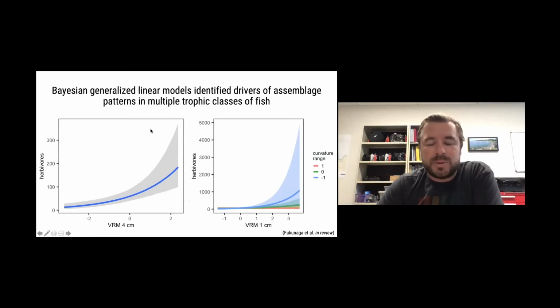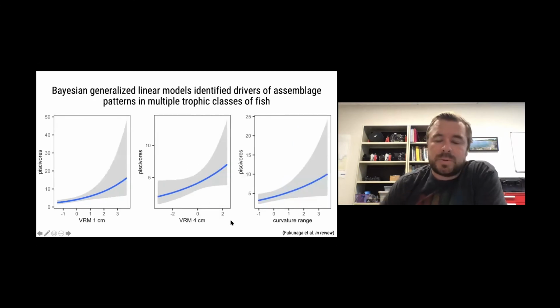Here, herbivores respond to vector ruggedness at a more coarse resolution of 4 centimeters, and they also respond to vector ruggedness at 1 centimeter when that is matched to curvature ranges. That was really interesting to us, that it's not just the ruggedness, but also the concave and convex nature of that surface. When there's a lot of concavity with negative curvature values, we see an even stronger signal in herbivore response to that habitat complexity.